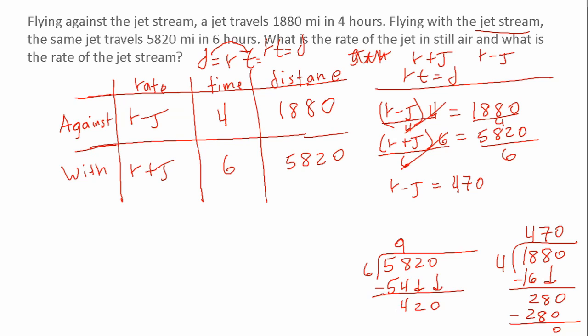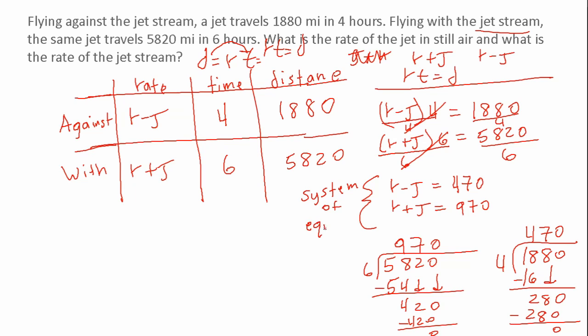Drop down this 0. 6 goes into 42 7 times, therefore 6 goes into 420 70 times. 70 times 6 would be 420, so there's no remainder there. So this is r plus j equals 970.